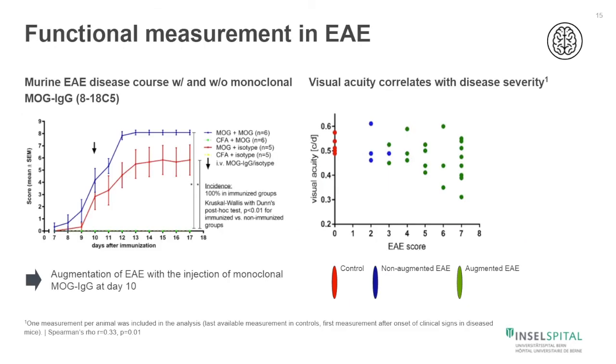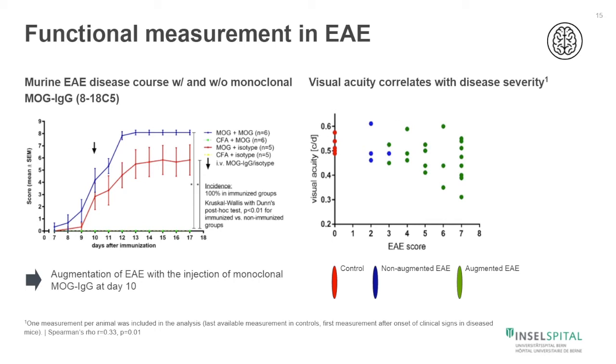So when we do the functional measurements in EAE, we can clearly see that the visual acuity correlates with the disease severity. When you look at the left graph, you can see that the development of the disease course is stronger in our augmented model compared to the basic EAE model.